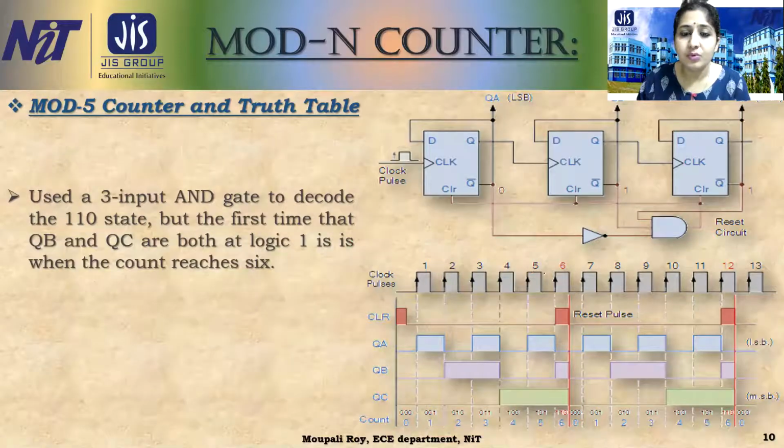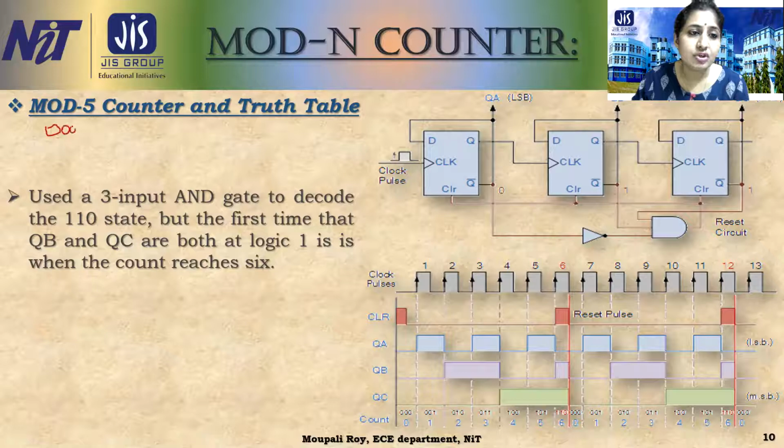If we want to check, what are we giving? We are getting 0 0 0, then 0 0 1, then 0 1 0, then 0 1 1, then 1 0 0, then 1 0 1.